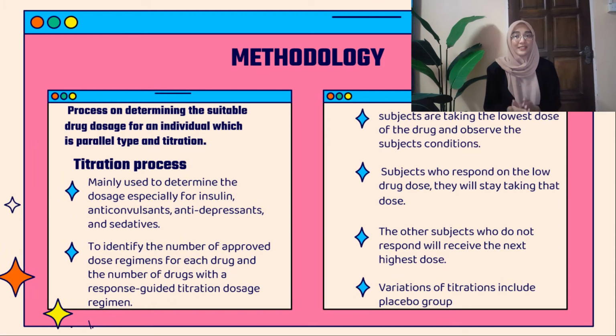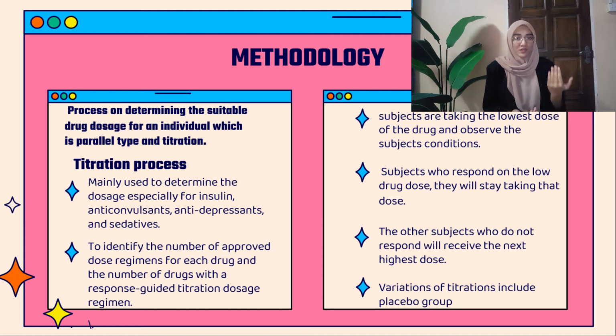Response-guided titration is defined as a titration schema based on the individual patient's therapeutic response. All subjects take the lowest dose of the drug and the subject's condition is observed. Subjects who respond to the low drug dose will stay on that dose. This means that the patient's disease can be cured by the lower drug dose.